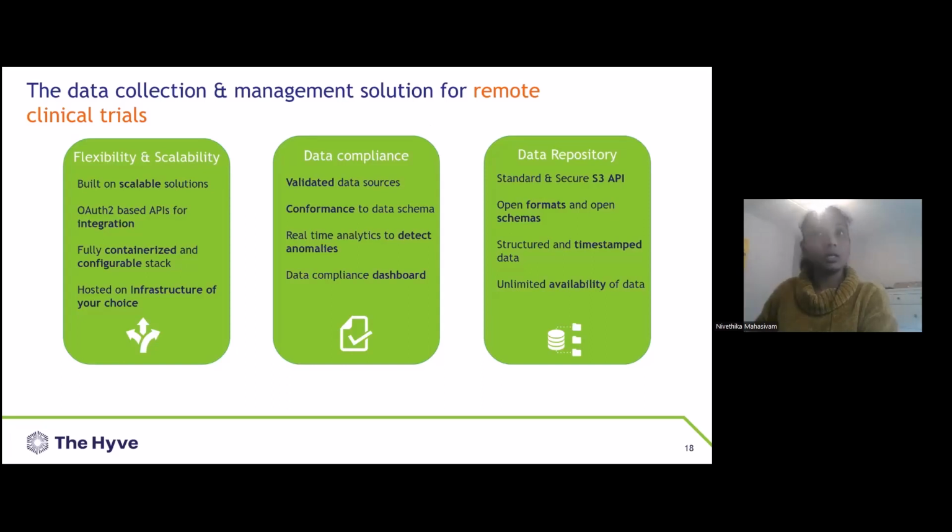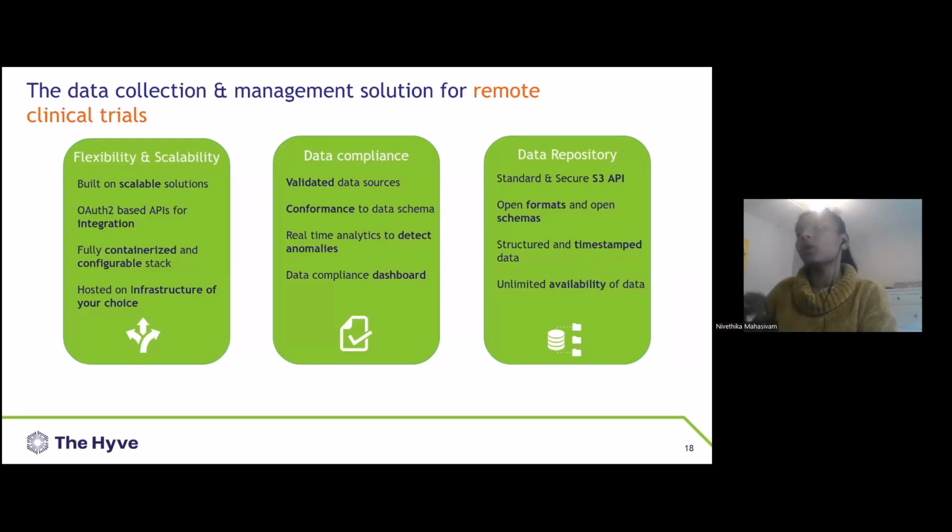So as the data come in, we have methods to check if a particular data is compliant to the data schema. And there are also real-time analytics capabilities to detect anomalies. So, for example, we can detect if the battery of a device is too low, then the device would stop sending data, so you can send a reminder.